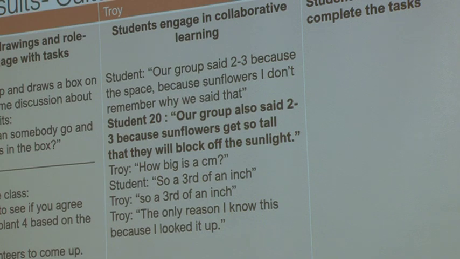And then here I wanted to point out some of this vocabulary around the use of centimeter versus inch. But look here, where a student is trying to give their idea about how much a centimeter is, and Troy gives the answer. He says, the only reason I know this is because I looked it up.